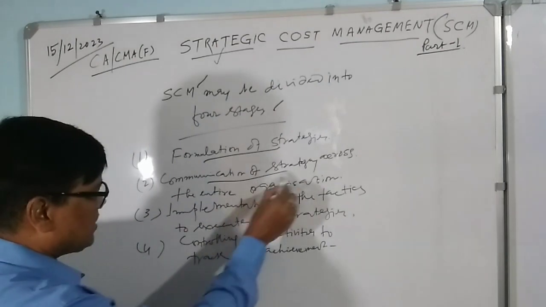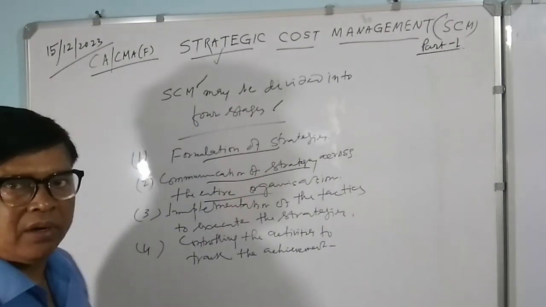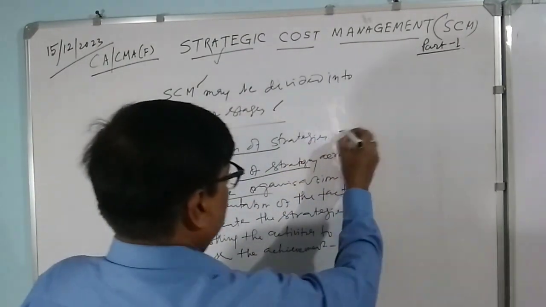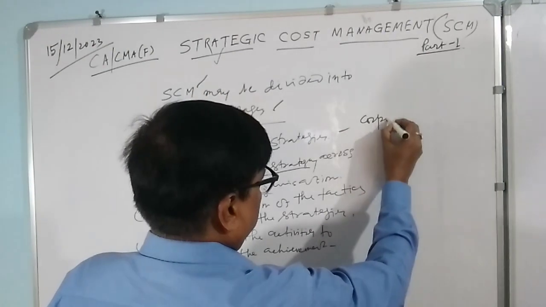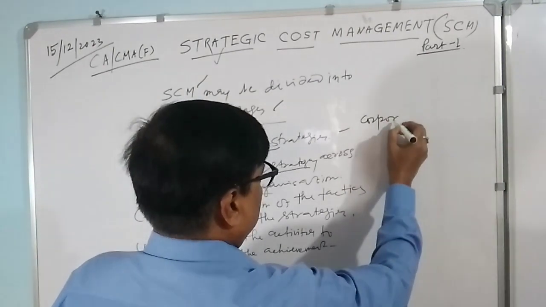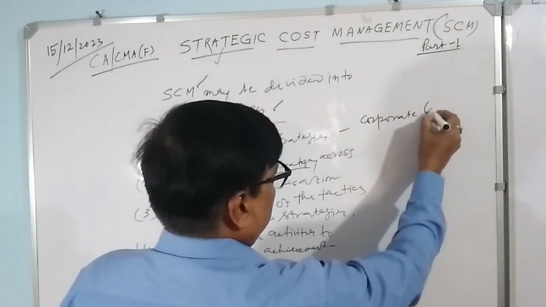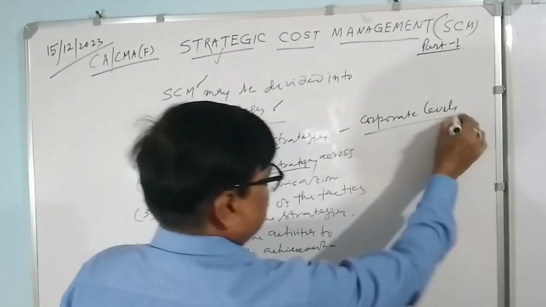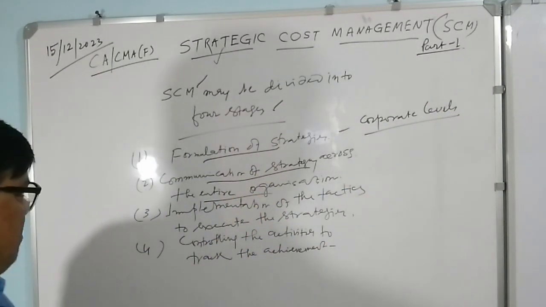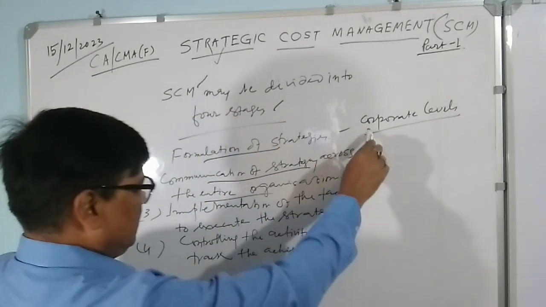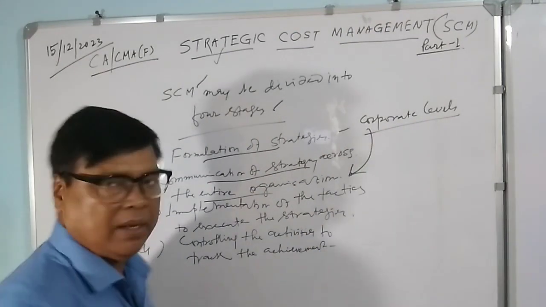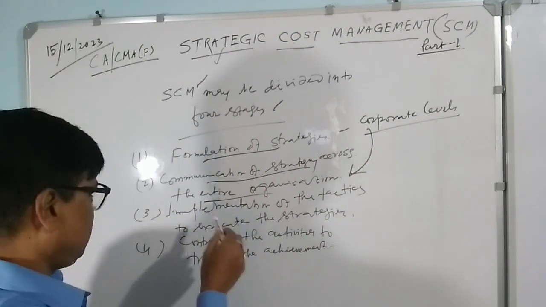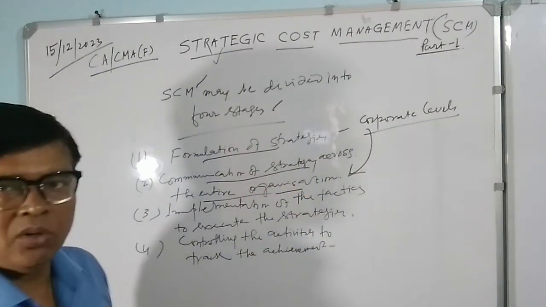Now communication of strategy across the entire organization. Suppose at your corporate level, headquarter level, you are taking some strategic decisions, but that strategy you are to communicate down the levels, to all departments and divisions, the entire organization.